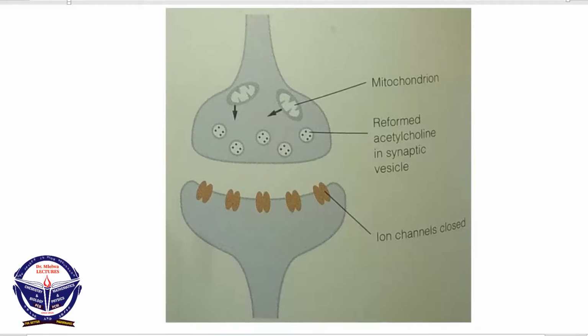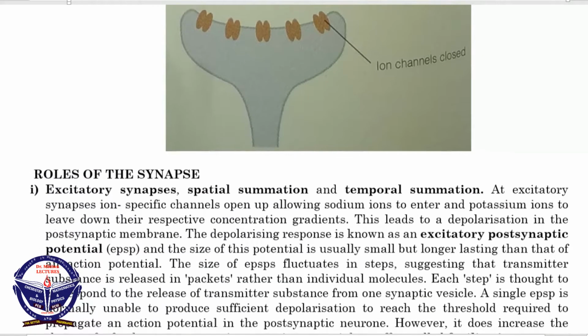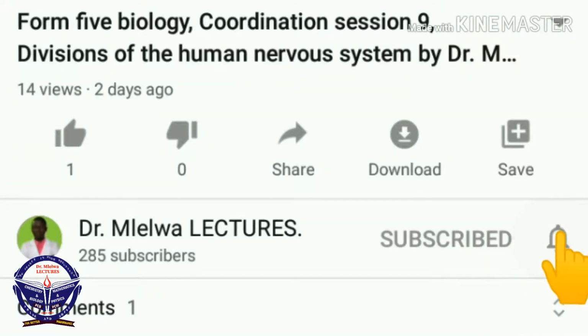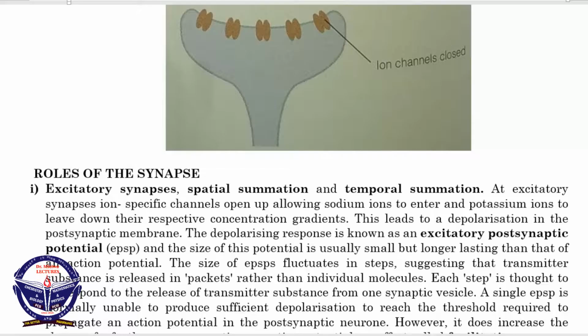The mechanism of transmission of the nerve impulse is explained through these 6 steps, and it is very easy to memorize them. There is no need to complicate things. First, the arrival of the impulse causes the opening of the calcium ion channels.